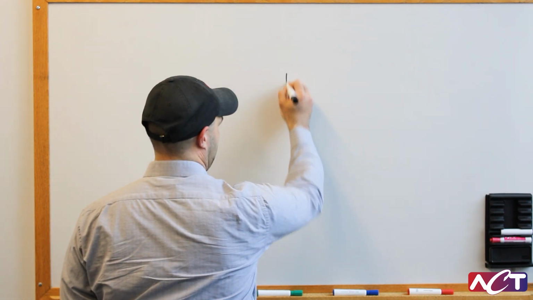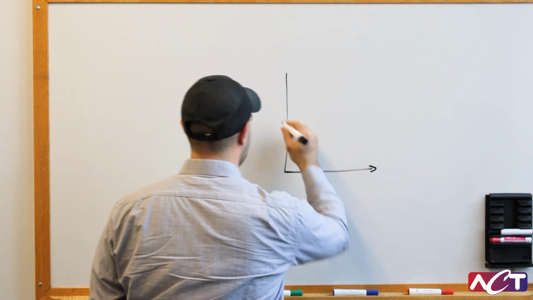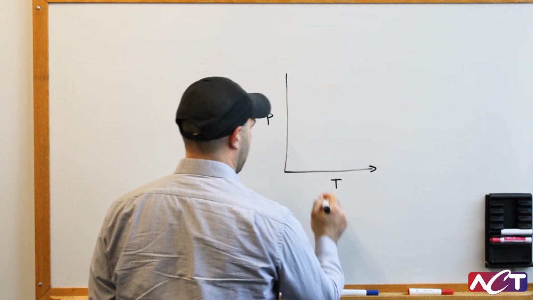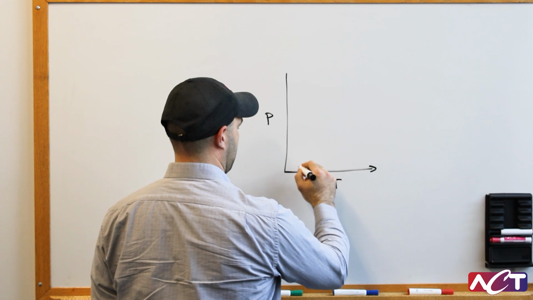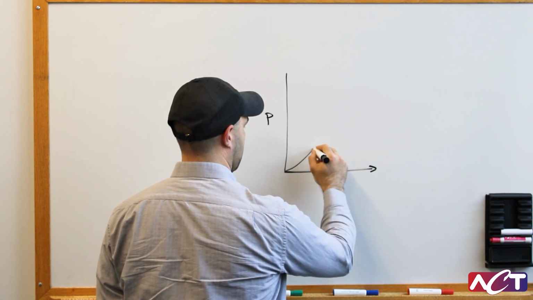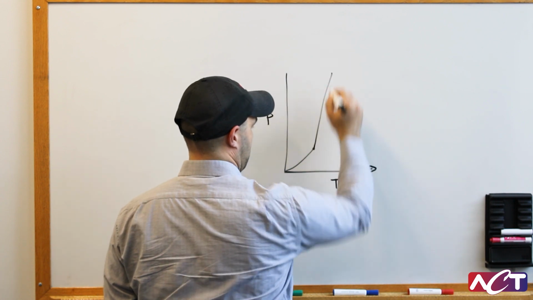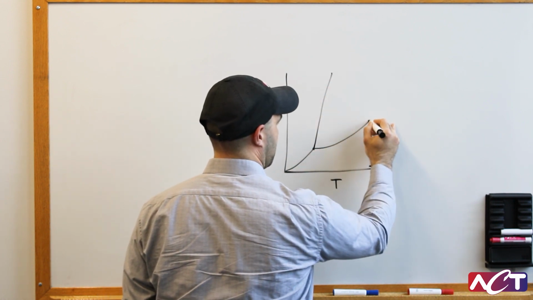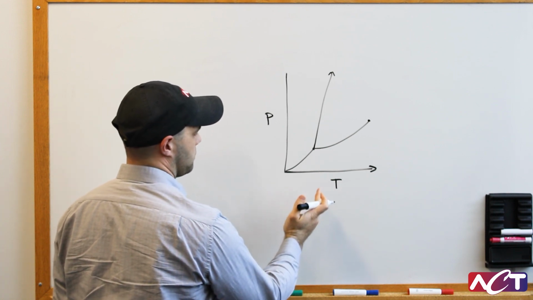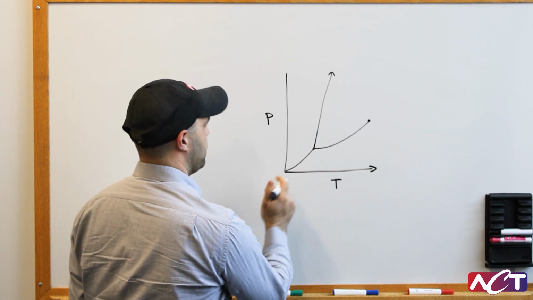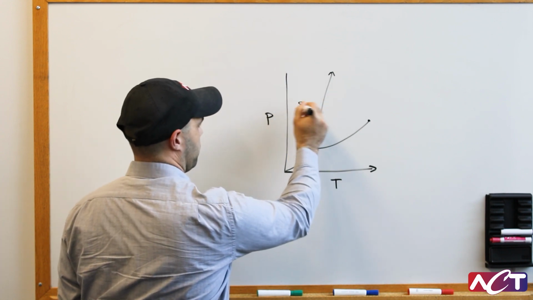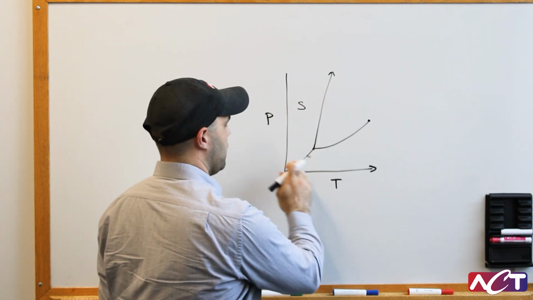You can have a pressure and temperature diagram here, and it typically has something that sort of does this, where at very cold temperatures or very high pressures you have solid material.